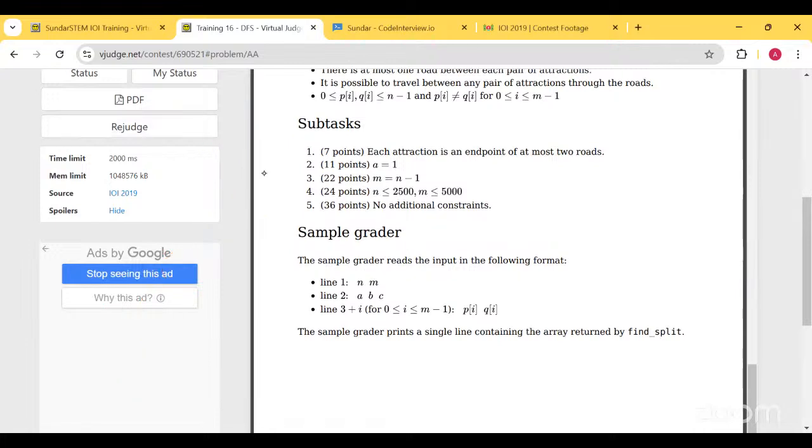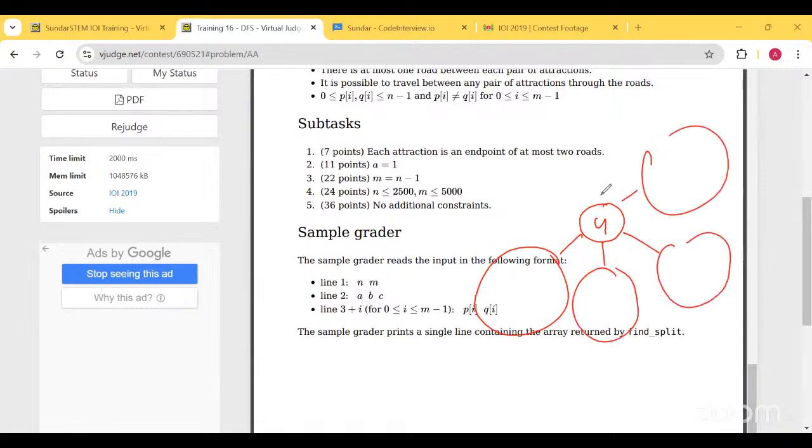What if the graph is not a tree? If the graph is not a tree, what shall we do? Can we use that idea for a specific node? So just divide the components.